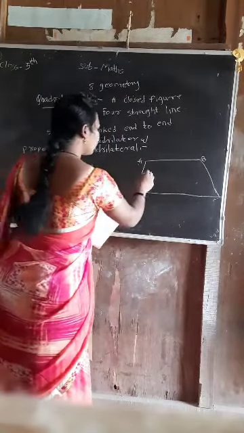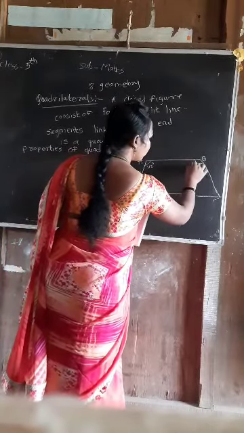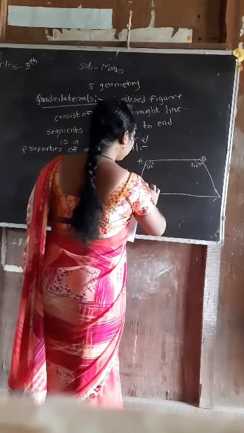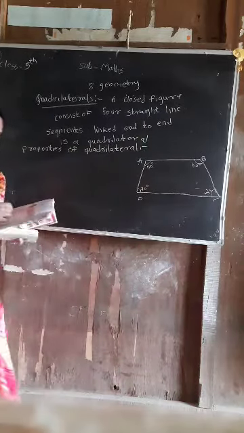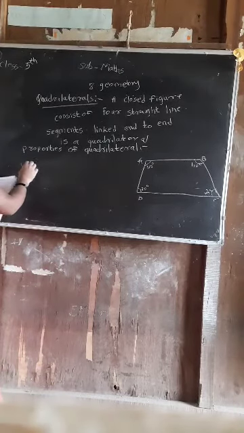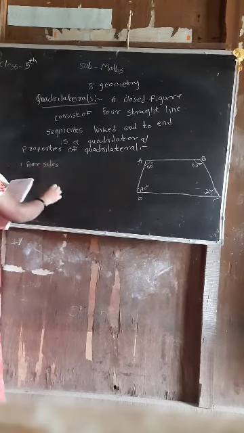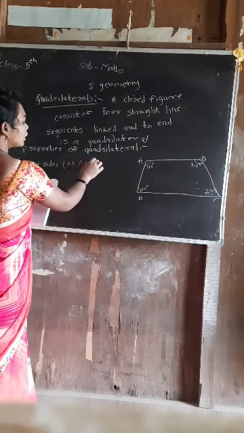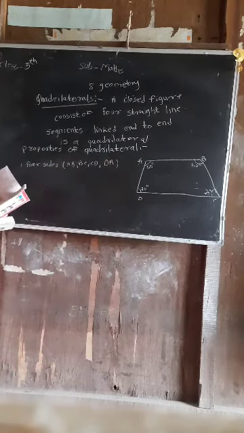ABCD is a quadrilateral. Angle A is 110 degrees, this is also 110 degrees, then this is 70 degrees, and this is 70 degrees. First property is that a quadrilateral has four sides. The names of the sides are AB, BC, CD and DA. These four are the sides of a quadrilateral.